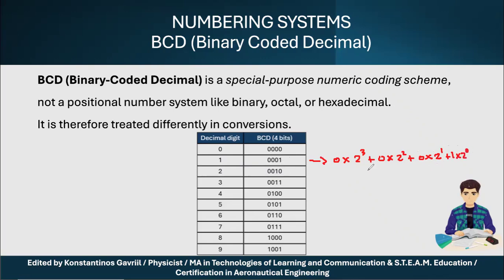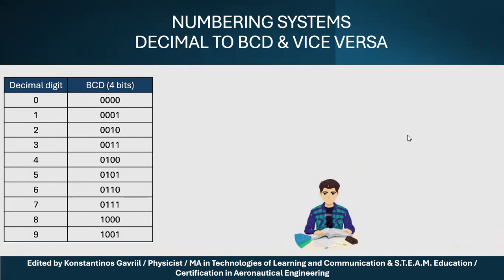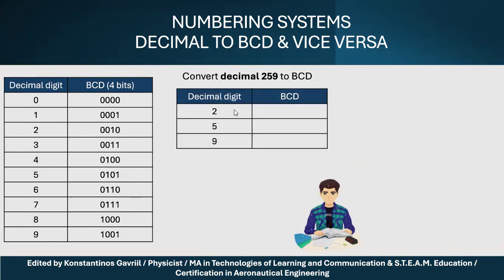So this is the 0001 expression, and so on. So let's see a few examples of conversions from decimal, the decimal 259 to BCD. We have every digit of 259. We are going to convert every digit to a binary number of 4 bits.